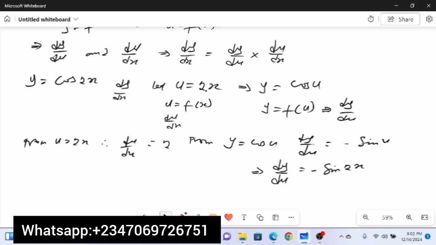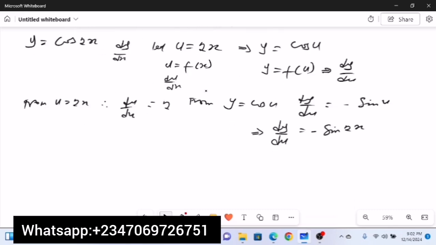We have du dx, we have dy du, and we said from our law, if we multiply these two terms together, we have dy over dx. So this simply implies, remember, dy over dx will simply give us dy over du times du over dx.